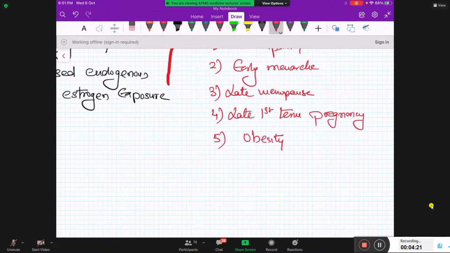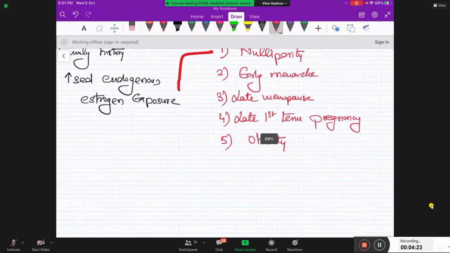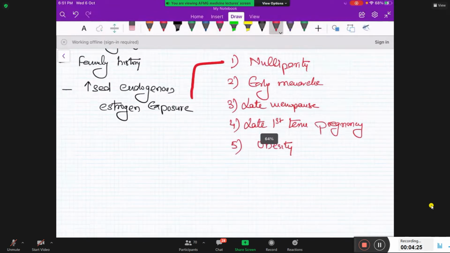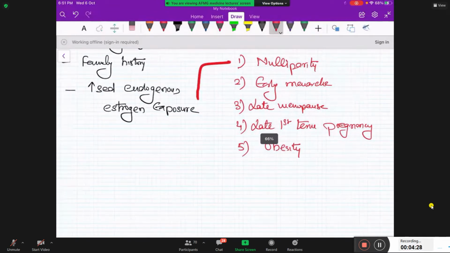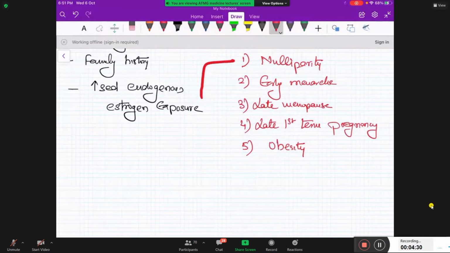These are the scenarios where you get increased endogenous estrogen exposure.